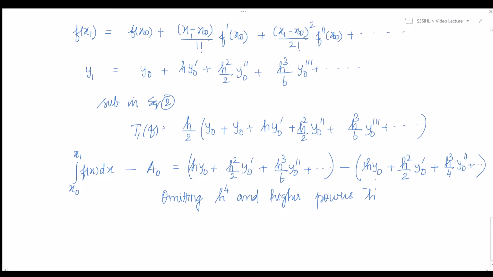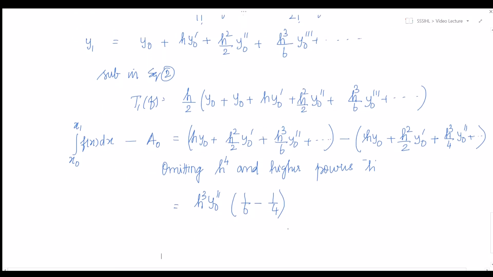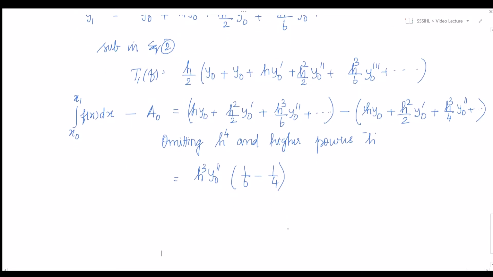In the rest of the terms, it is going to be h cube into y naught double dash into (1 by 6 minus 1 by 4), that is equal to minus 1 by 12 into h cube into y naught double dash.